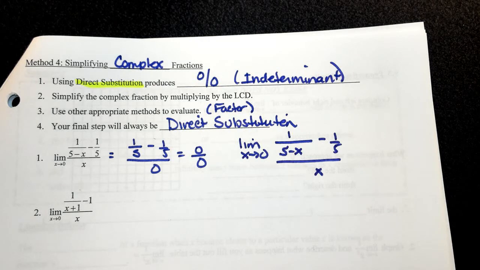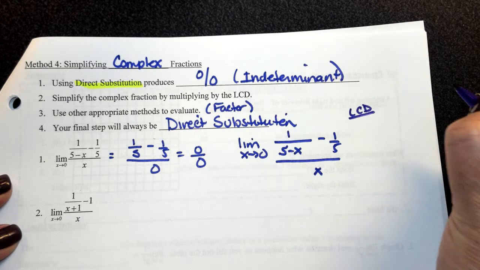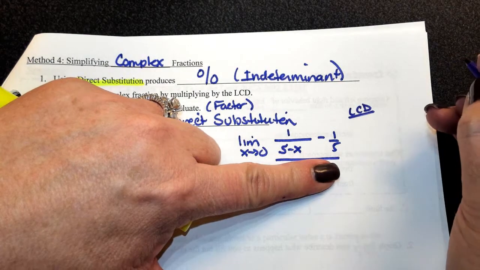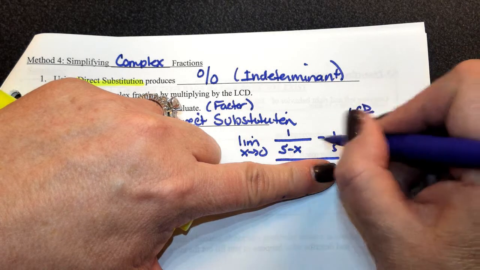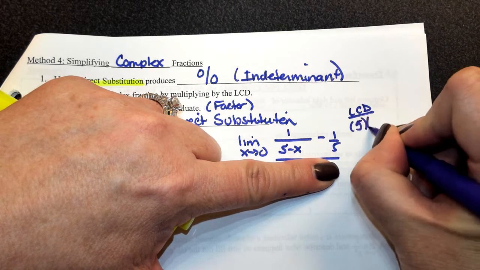So notice in the numerator, one fraction has a denominator of 5 minus x. The other fraction has a denominator of 5. So what would the LCD then be between those two fractions? 5 times what?